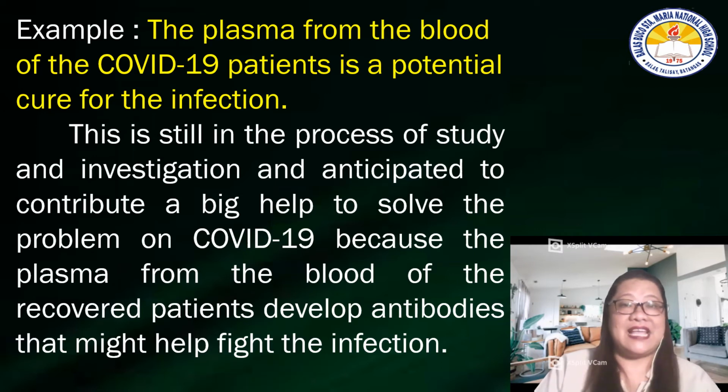This is still in the process of study and investigation and anticipated to contribute a big help to solve the problem on COVID-19 because the plasma from the blood of the recovered patients develop antibodies that might help fight the infection.